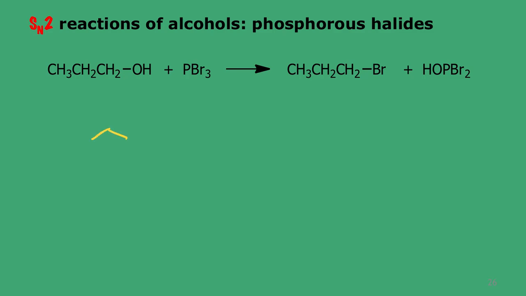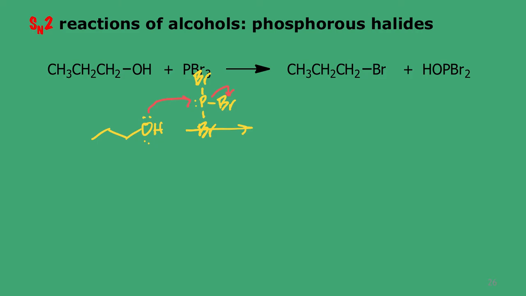So again, we have 1-propanol, and the reaction occurs first by displacement of bromine from the phosphorus tribromide.